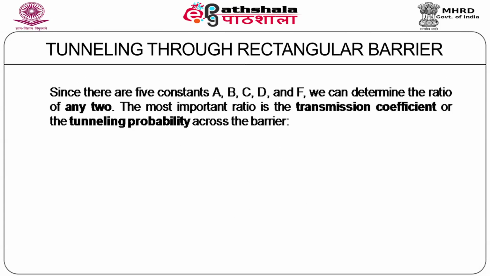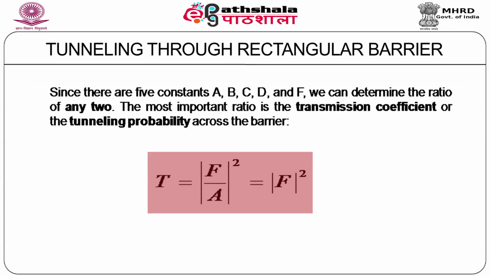Now, since there are 5 constants A, B, C, D, and F, and 4 conditions, we can determine the ratio of any two. The most important ratio is the transmission coefficient, or the tunneling probability across the barrier, which is T equal to F upon A, squared.